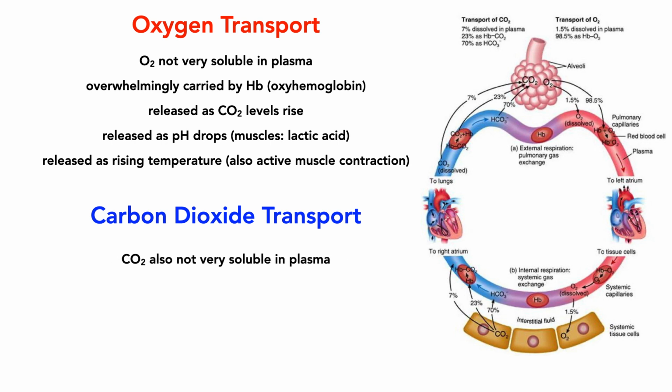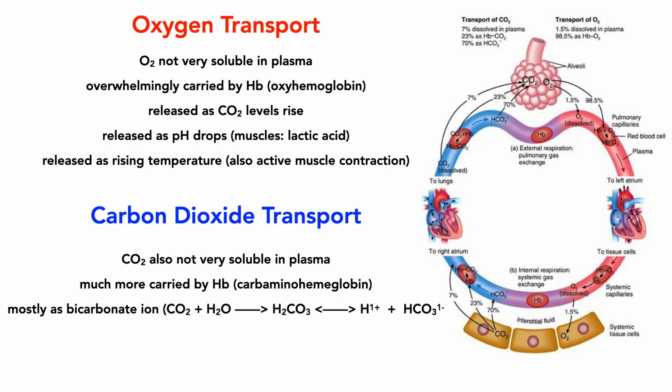Carbon dioxide transport is a little bit different. CO2 is also not all that soluble in the liquid part of your blood, the plasma. Much more, though, is carried by hemoglobin. So hemoglobin can carry both oxygen and CO2. We would refer to that as carbaminohemoglobin. But most of the CO2 is carried as bicarbonate ion.